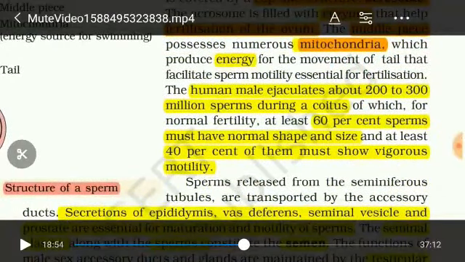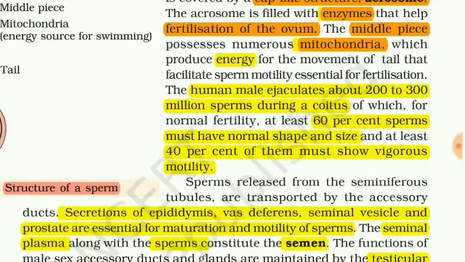Of the sperms released, at least 60% must have normal shape and size, only then does fertilization take place. Of that 60%, at least 40% of the sperms must have vigorous motility.